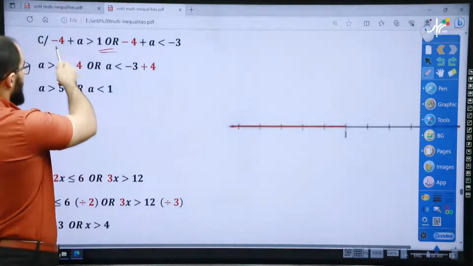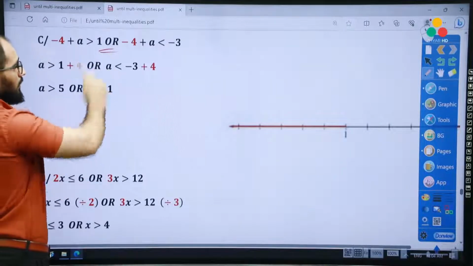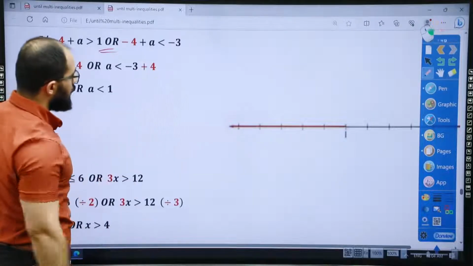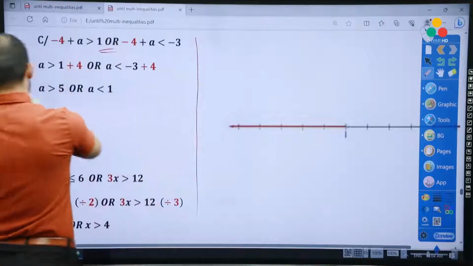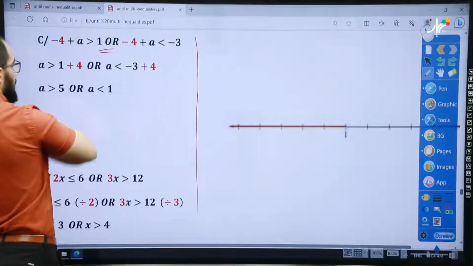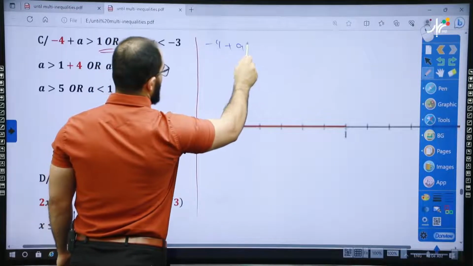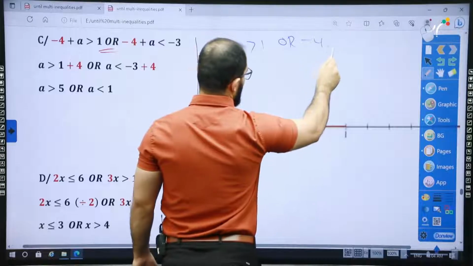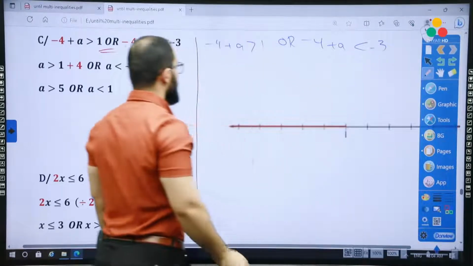So we have negative 4 plus a greater than 1, or negative 4 plus a less than negative 3. So we solve them separately. First, you have negative 4 plus a greater than 1, or negative 4 plus a less than negative 3.